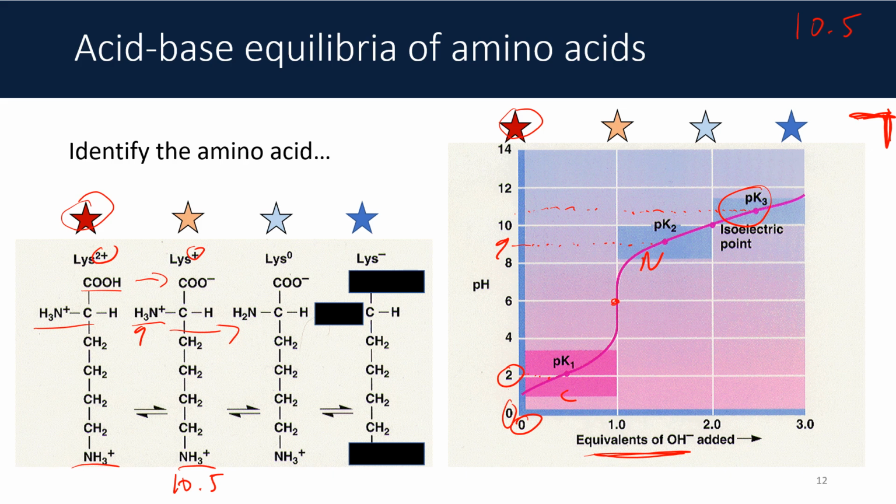And when we deprotonate an amine, it goes to neutral. So we've lost a positive charge. The negative charge in the carboxyl and the side chain amine cancel out, and Lys neutral will become apparent at the isoelectric point.